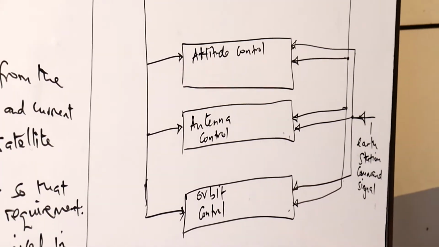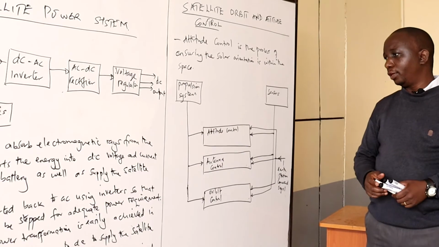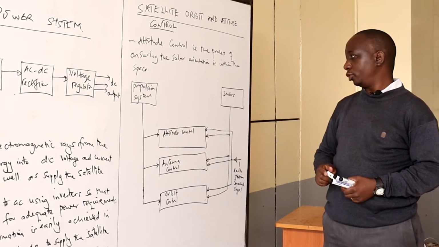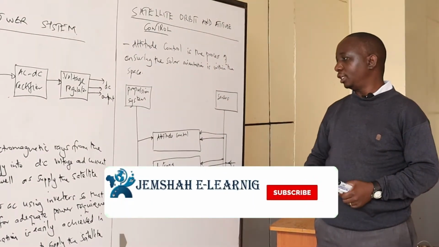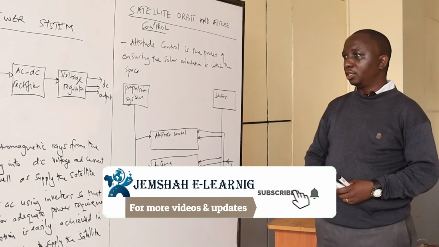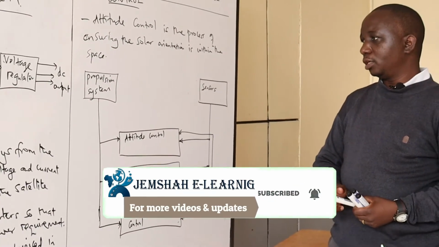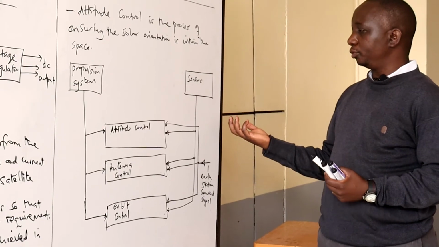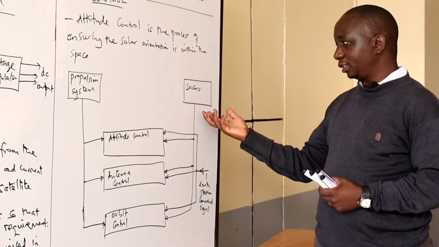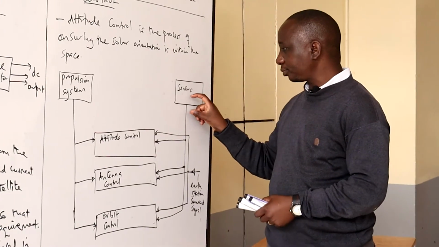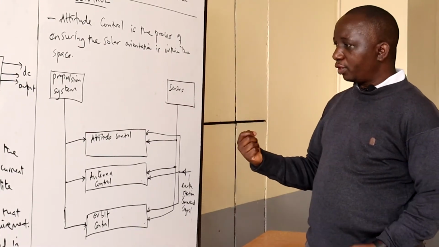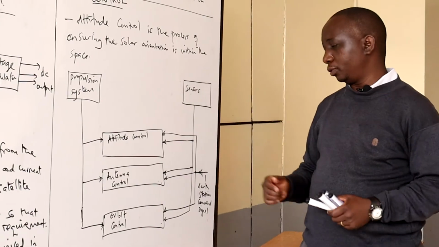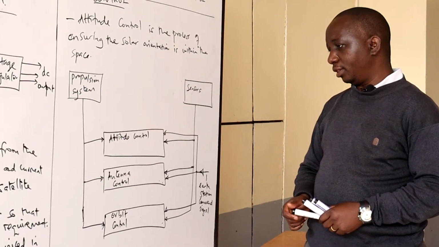How this works is that anytime you want to maintain the solar orientation within the space so that we're able to absorb maximum energy, the sensor detects the low signal received and is able to increase the power so that the antenna is rotated, so that we get the proper orientation as required by the Earth station.